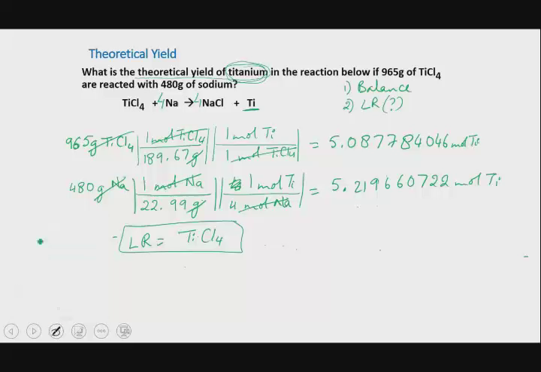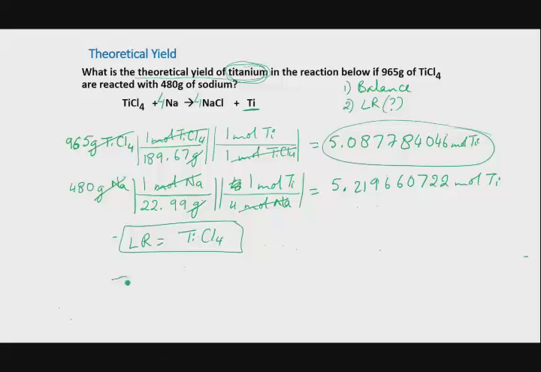Now, theoretical yield is that of the product. So the maximum number of moles of the product we can get in this reaction is 5.087784046 moles of titanium.